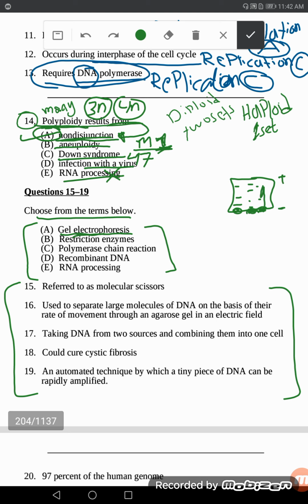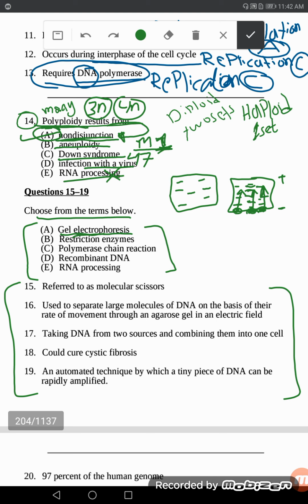Our DNA sample will move through this gel according to its size and the pores of the gel, and the DNA will be separated. It forms many bands in different places, so we can know the size of the DNA sample that we have.